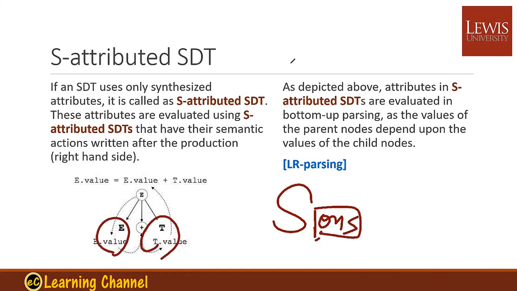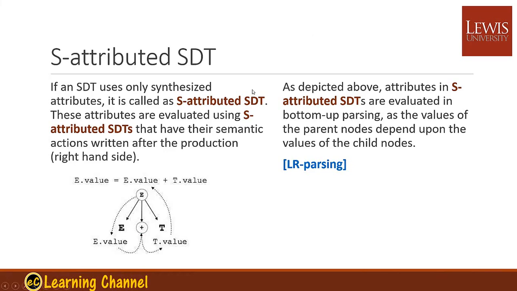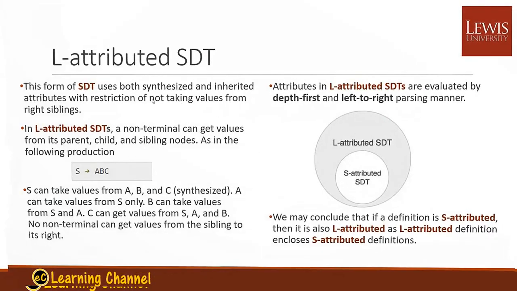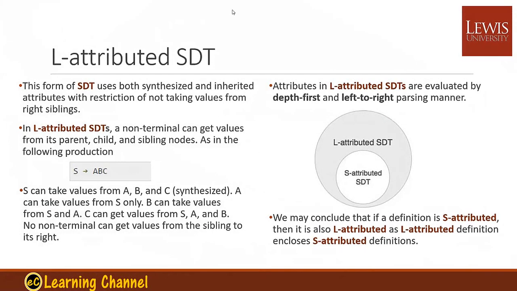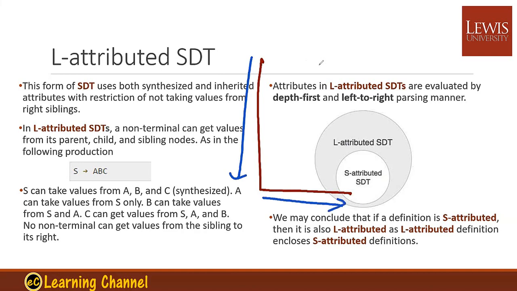That's the S attribute. And the other type is called the L attribute. L attribute, in my language, not exactly the same, this is from grandpa, parents. This is from your big brother. That's my way to understand it anyway.